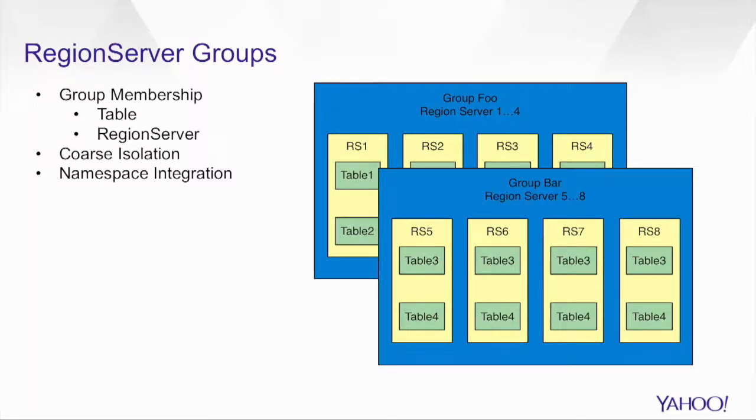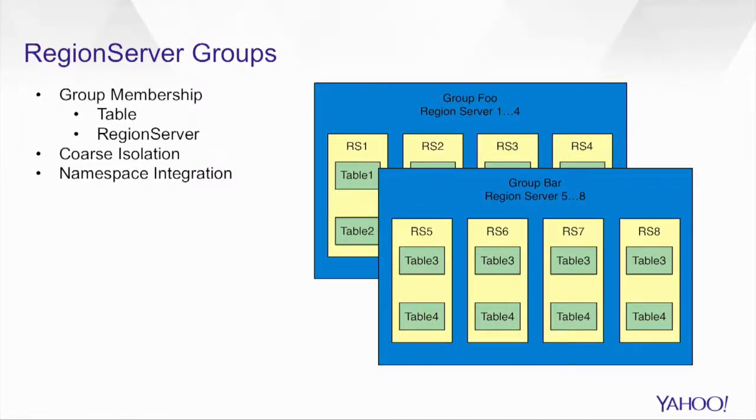This gives you a nice coarse isolation, so you don't have any resource contention on CPU, memory, or anything specific to the region server, such as block cache or memstore. It also means you're able to configure each region server differently to streamline it better for a specific tenant.